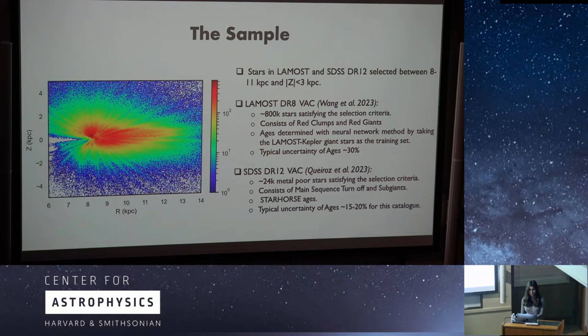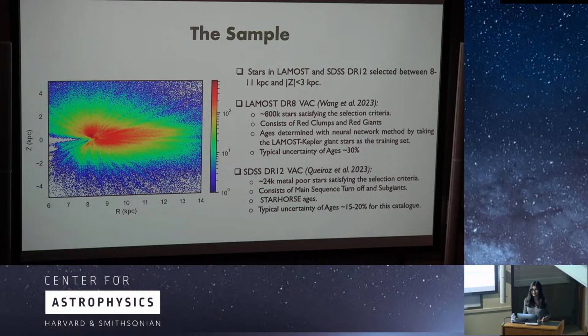And in order to do that, we take two of the most recent samples from LAMOST as well as SDSS DR12. Both of these are value-added catalogs with stellar ages. The LAMOST catalog consists of red clumps and red giants, whereas the SDSS DR12 catalog consists of metal poor stars in the galaxy.